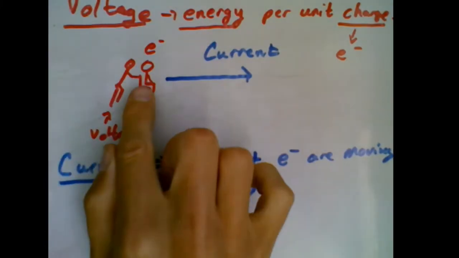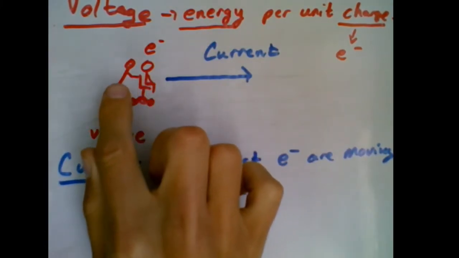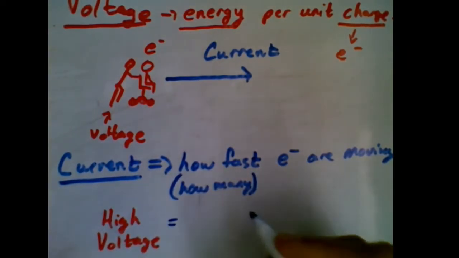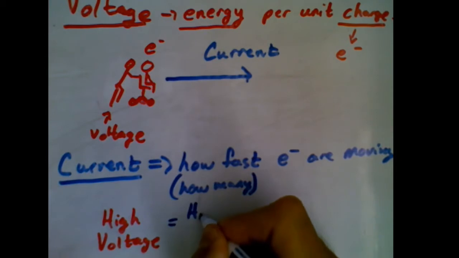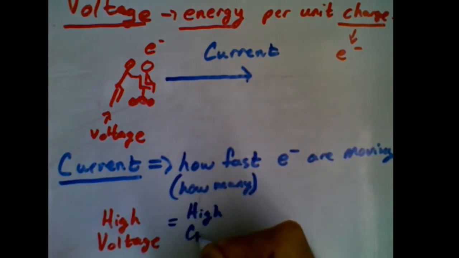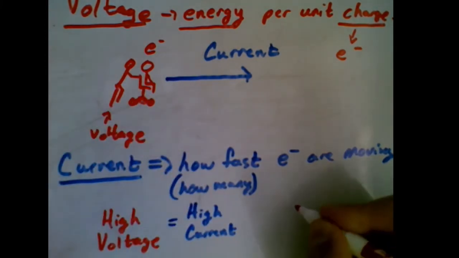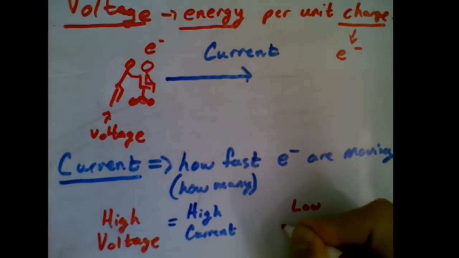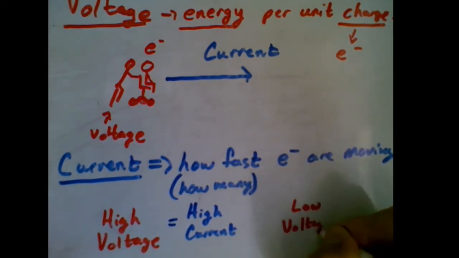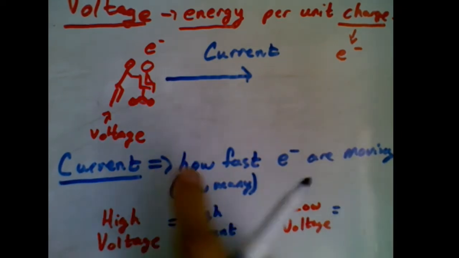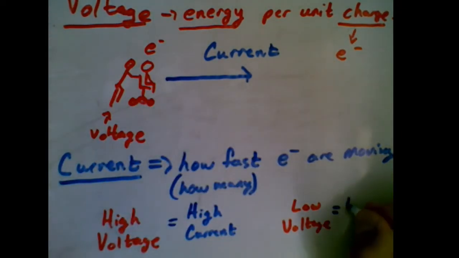So if you were the little person sitting in the chair, if you get a really big push, you should expect to go really fast, which means when you have a high voltage, you tend to have a high current. The other thing is if you just give a little tiny push, that would be kind of like having a low voltage. And when you have a low voltage, what would you expect in terms of the speed? Well, you'd expect to have a low current.